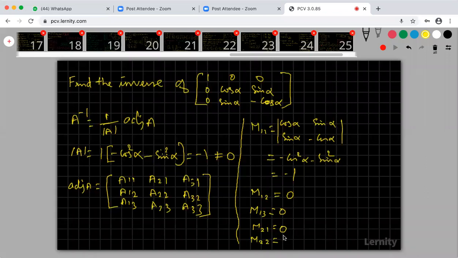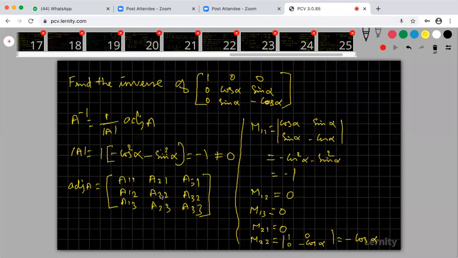Please take that: 1, 0, 0, minus cos alpha. This is minus cos alpha. Okay, right. Similarly, find out your M31, M32, M33, and based on these minors, find out the cofactors.